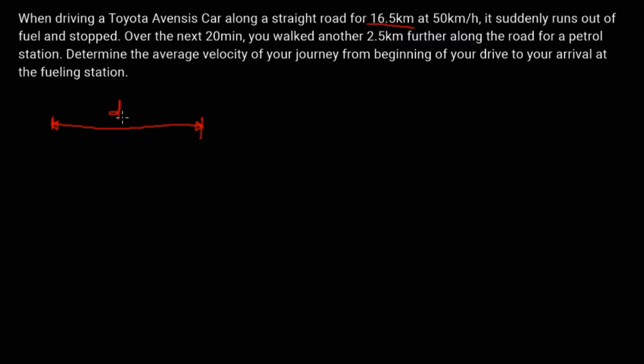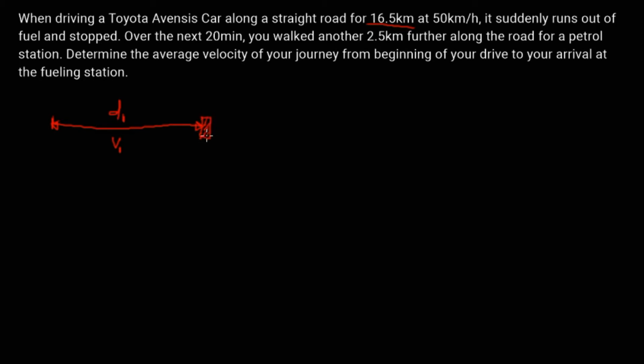Let's say that is d1. And along that distance, you drove with the velocity of 50 kilometer per hour. So let's say that is v1. Now it suddenly runs out of fuel at this point, at this junction.